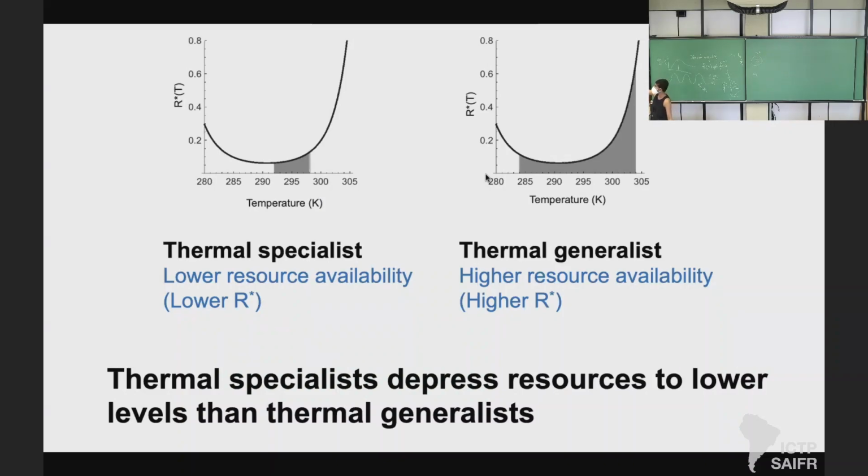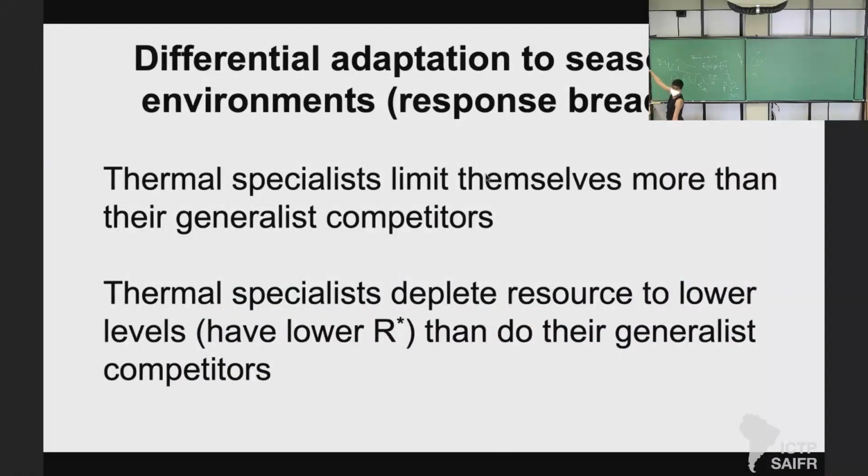It depletes the resource to a lower level than the thermal generalist. So this actually upends our conventional wisdom about generalists and specialists when it comes to thermal adaptation. Again, to summarize, thermal specialists limit themselves more than their generalist counterparts, and they deplete the resource more.